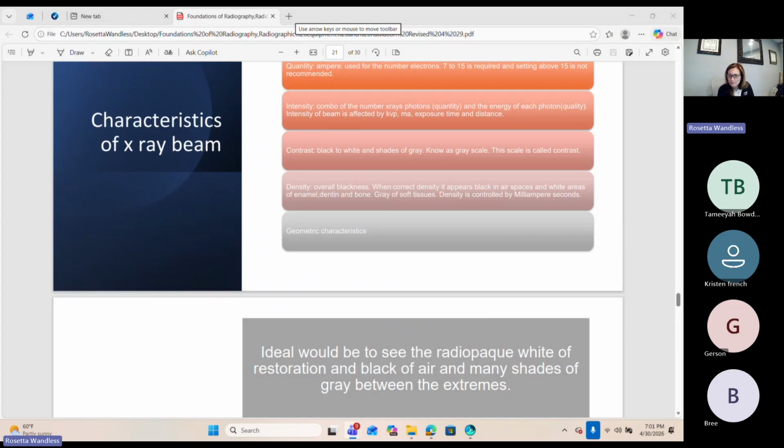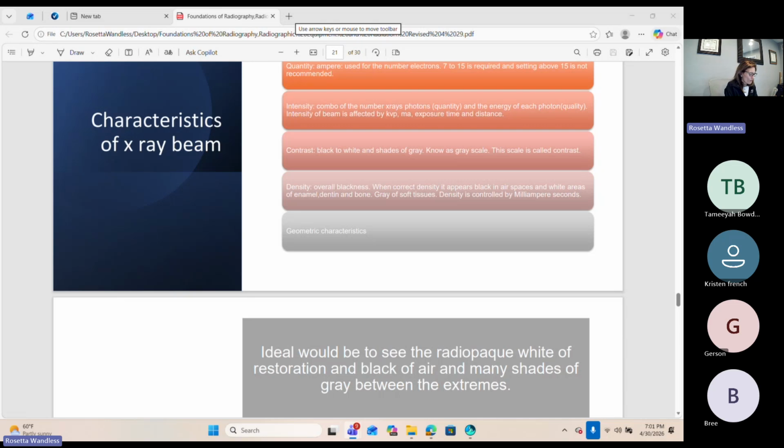So if a target moves, it's going to be blurry. It's going to be called penumbra. That means that we're not getting that high definition, that sharpness. So that's not great. There's going to be three things here that are important in order to get sharpness. And you could take a picture of this note here that I'm writing.